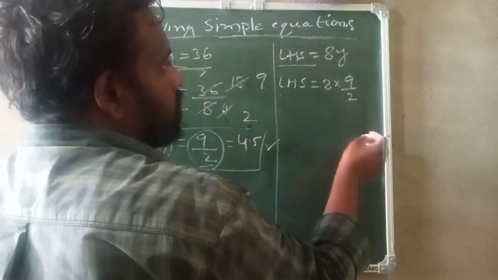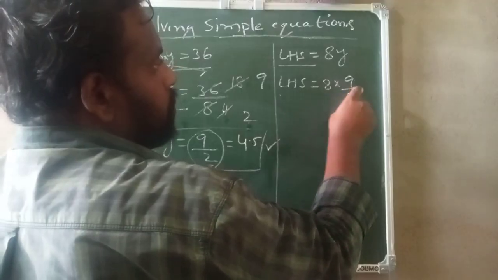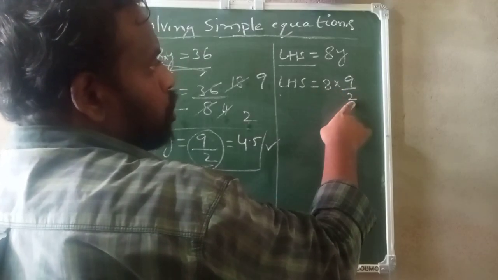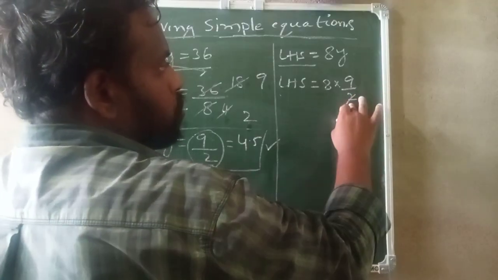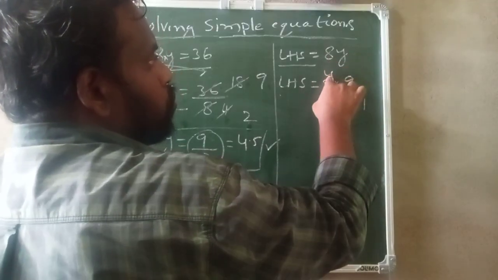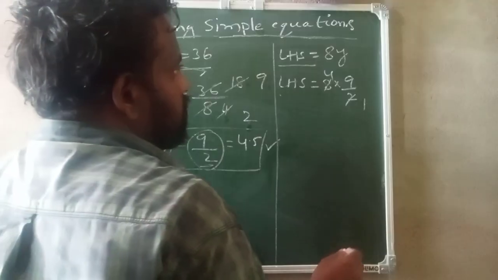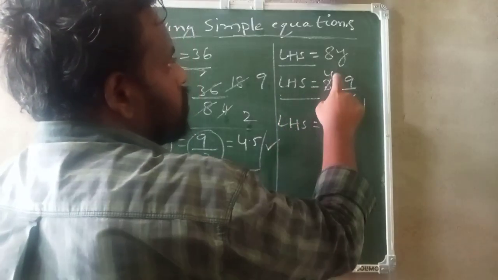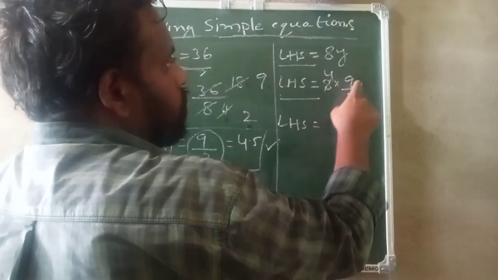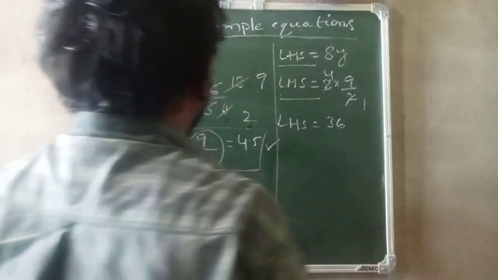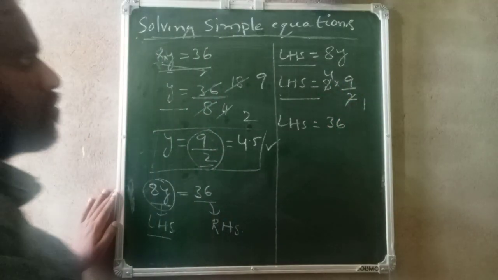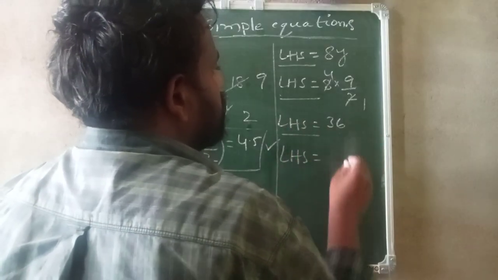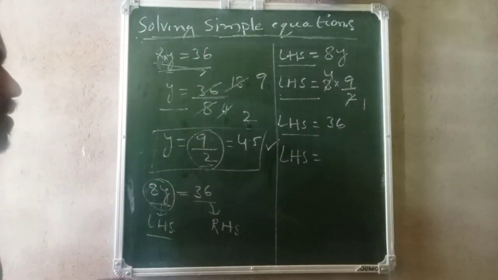So next, because of into and here division is there, you can divide this 8 by 2. So 2 1s are 2, 2 4s are 8. Okay. So next step, write this LHS is equal to 4 into 9. 4 9s are 36. So next step, write this LHS is equal to 36.